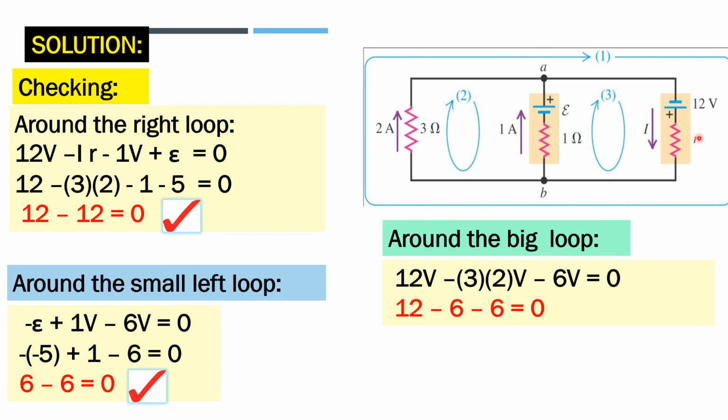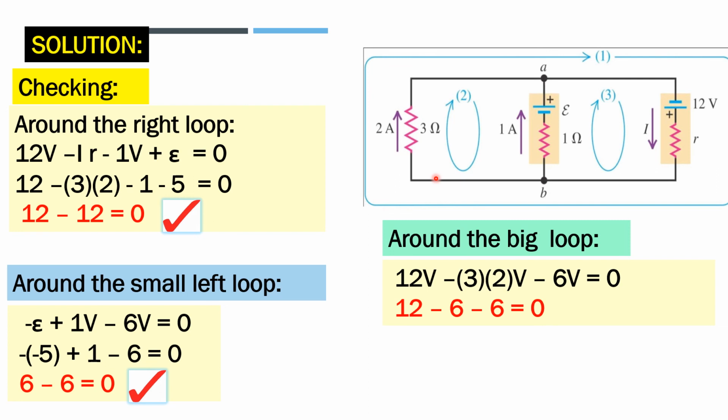As you pass this small r in the direction of the unknown current, that means our sign for that IR product is negative 3 times 2 volts, and you go all the way passing through the 3 ohm resistor of the light bulb whose current is 2 amperes.